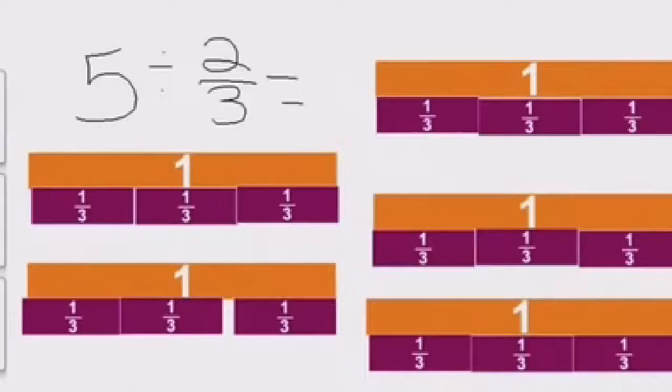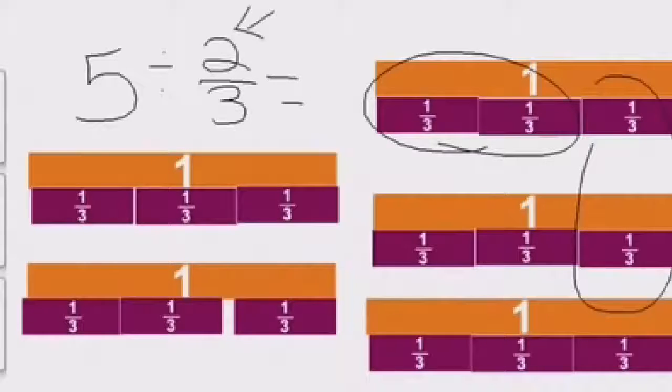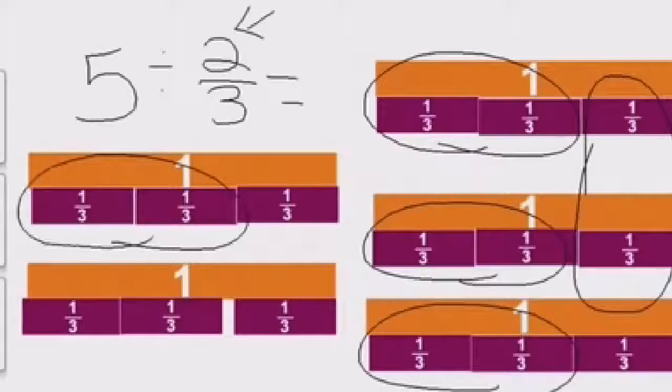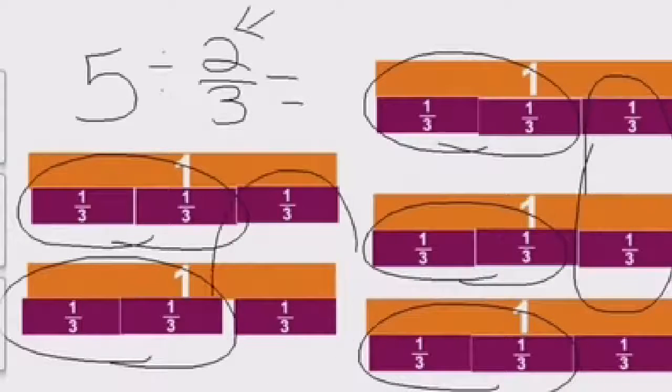Okay, and again, now we're going to group them into groups of 2 because our numerator is telling us to put those in groups of 2. Okay, so group of 2, group of 2, group of 2, group of 2, group of 2, group of 2, another group of 2. Notice how we do have that 1/3 by itself.